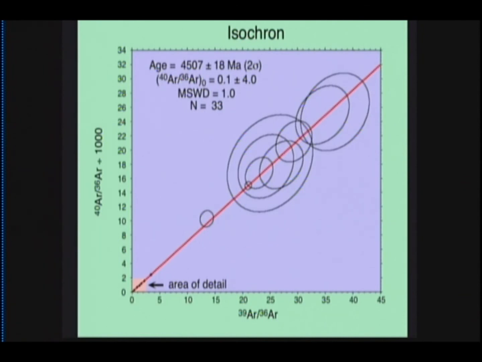And what else do you notice about this? Is this sort of interesting? The initial intercept here, 40-36 ratio, is 0.1, plus or minus 4, so it's not that precise. But this is not terrestrial atmosphere. So if we made a terrestrial air correction on the sample, it would have been a disaster.